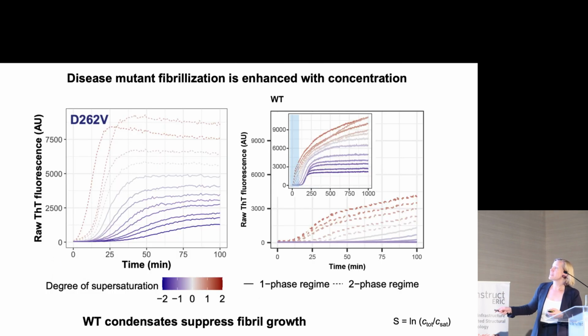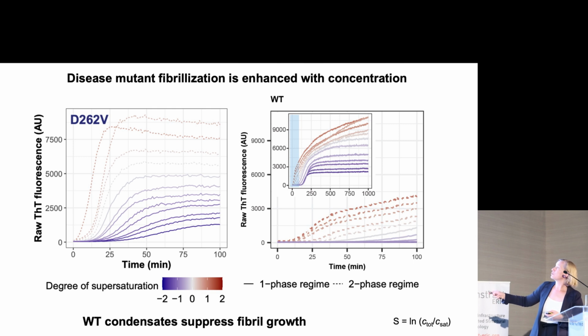And if we look at these thioflavin T curves as a function of protein concentration, the blue and white curves are low concentrations below the saturation concentration, and the broken lines are where condensates are present. Then we can see that for the disease mutant, we get what looks like nucleation and growth behavior.